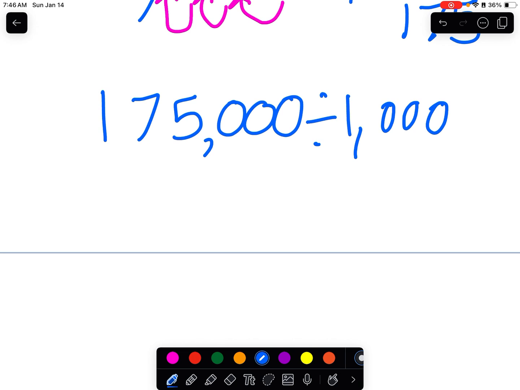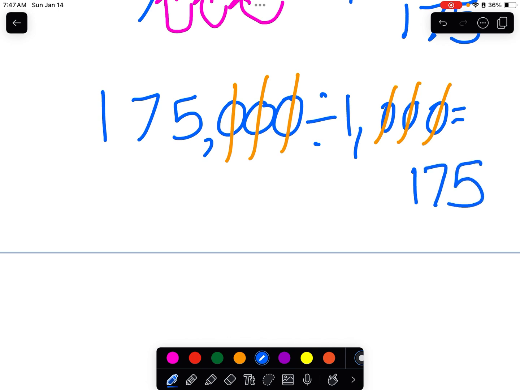One technique is to just look at the number of zeros in the divisor, the number that you're dividing by, cross them out, and cross the same number out in the dividend, the number that's being divided, and then you have your answer, which is, again, 175. So that's kind of a quick and dirty way of doing it also.